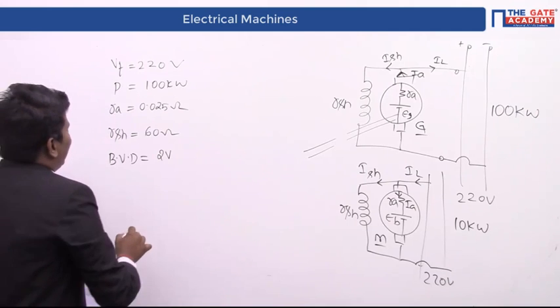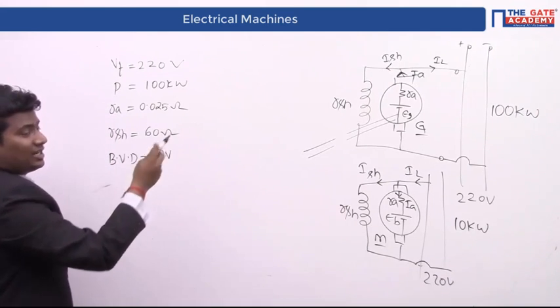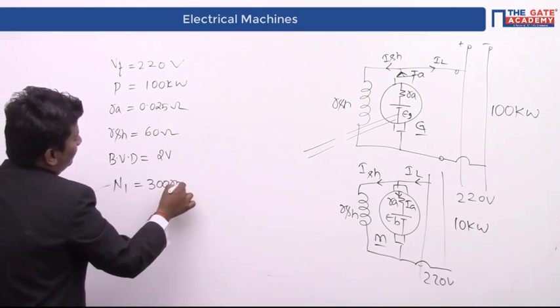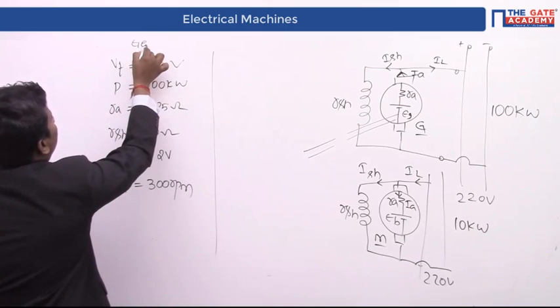Therefore the machine is initially acting as a generator. Its speed N1 they have given as 300 RPM. Now these specifications are only for the generator.